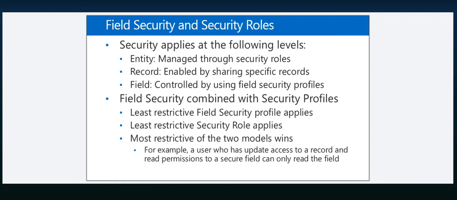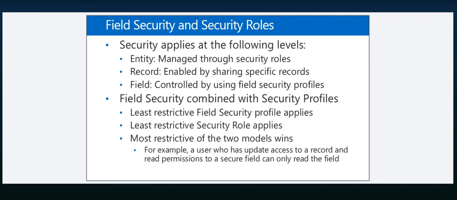So the example here: if one user has update access to a specific record and read permissions to a secure field, that means that they can only read the field, even though they have update access to the record. So field security profiles basically always win over the security role, assuming that the person already has access to the record itself or the entity itself.